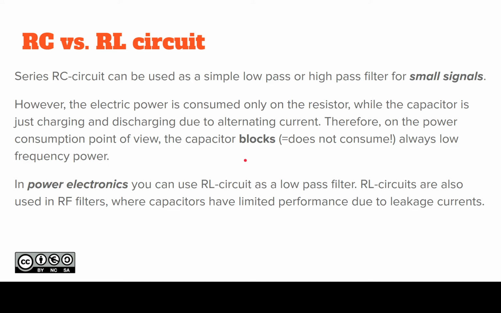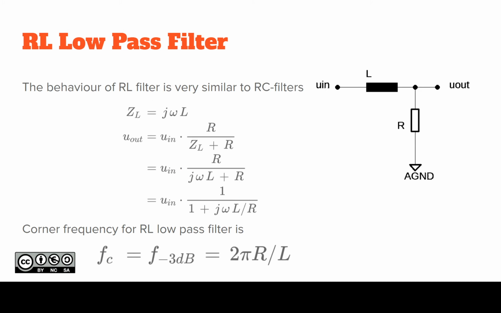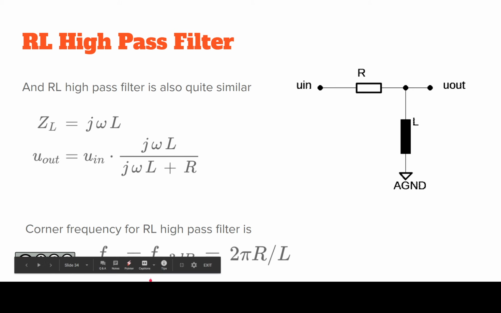So RC low pass, and there we have the low pass filter. And for the high pass filter, you just change the R and L. And you have the quite familiar mathematics also here.